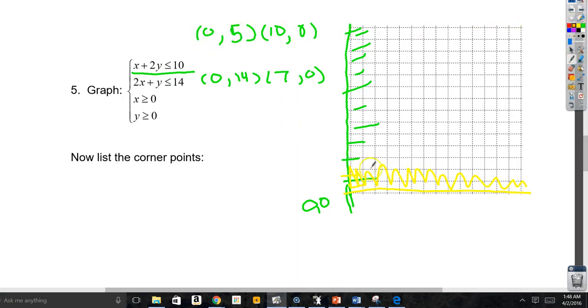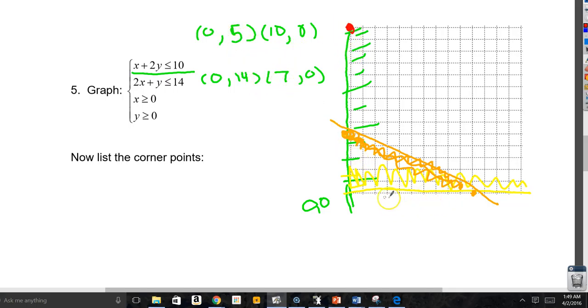Then 0, 5 would be 1, 2, 3, 4, 5 right here. And 10, 1, 2, 3, 4, 5, 6, 7, 8, 9, 10. It's a solid line. And it says y is less than, so we're talking this side of the line. And then 0, 5 again. 0, 14, so that's 5, 6, 7, 8, 9, 10, 11, 12, 13, 14.